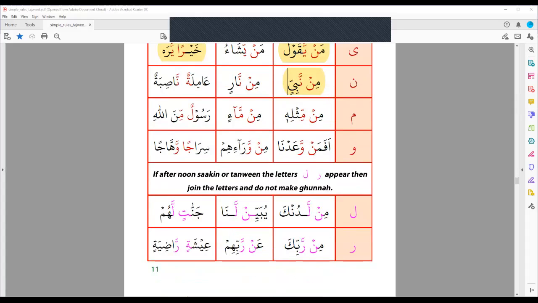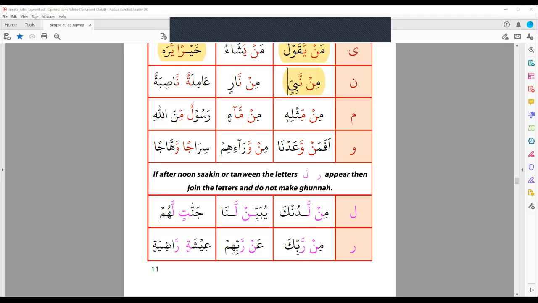So now we are going to the second part, idgham bela gunna or idgham without gunna. So if after nun sakin or tanween the letters lam and ra or ra and lam appear, then join the letters and do not make gunna. So this right here, same thing, you have to join the letters because remember idgham means to join the letters, merging, join together.